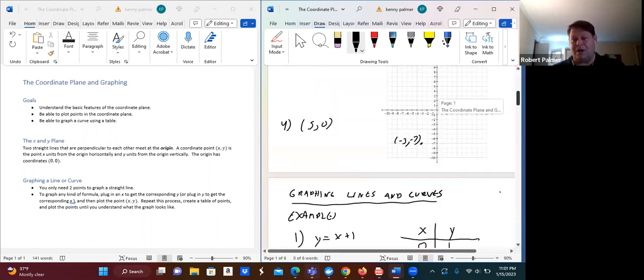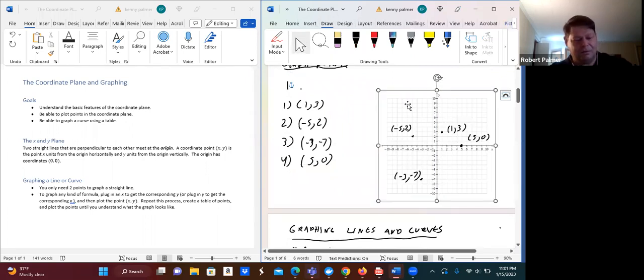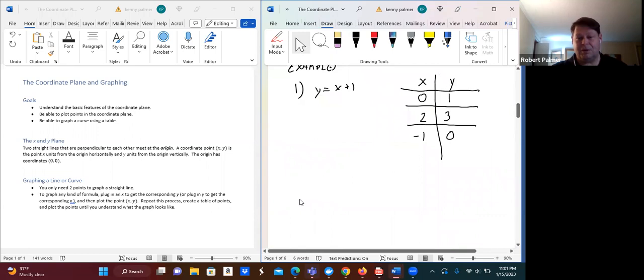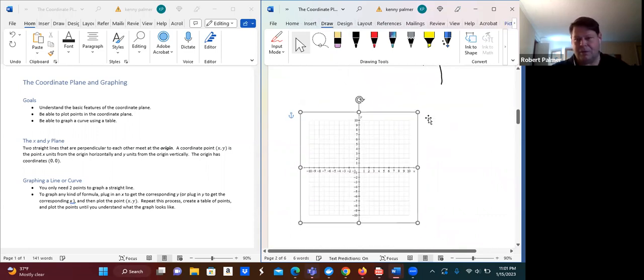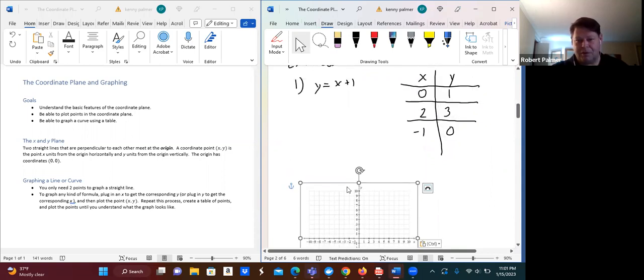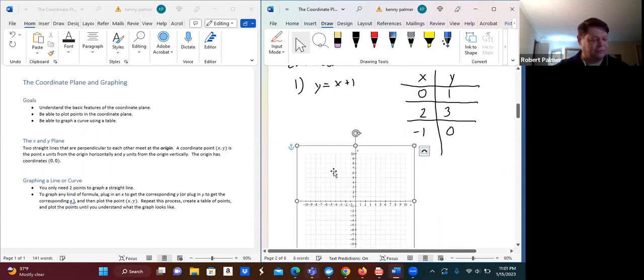Now, what I want to do now is actually copy my grid. And then let's actually plot this line with these points. Let's bring that down here. Let's move it up a bit so we can see what we're doing. Okay.